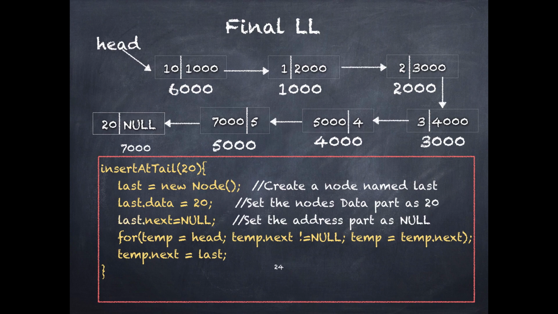So this will be your final linked list, right? You can see this. The last node, the node which contained value 5, had a next part of null. Now it is assigned to a new address, that is 7000, which is the address of the newly created node, and that has been linked to your existing linked list.